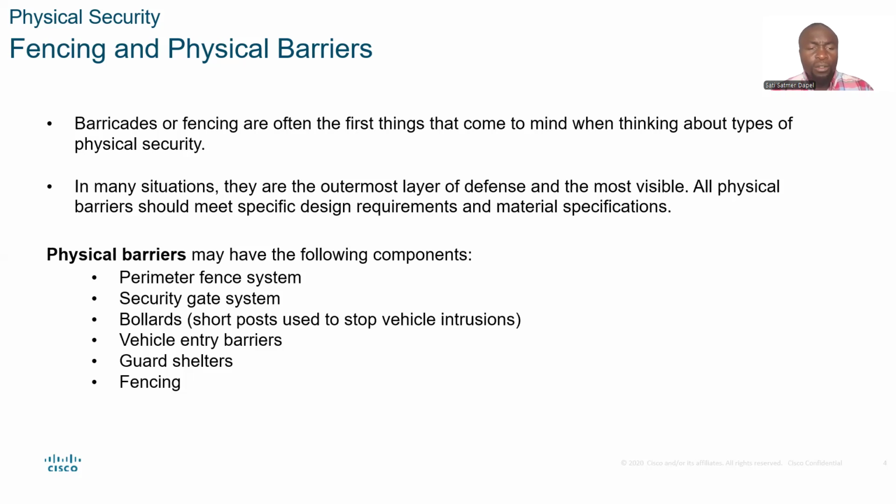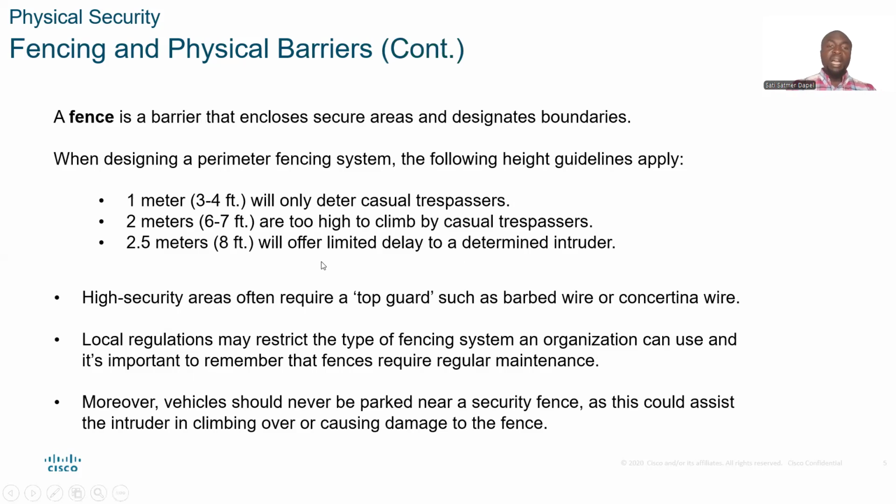Then we have vehicle entry barriers, we have guard shelters, and we have fencing, right? So in most cases, those are the physical barriers. Now, a fence is a barrier that encloses secure areas and designates boundaries. When designing a perimeter fencing system, the following height guidelines must apply.